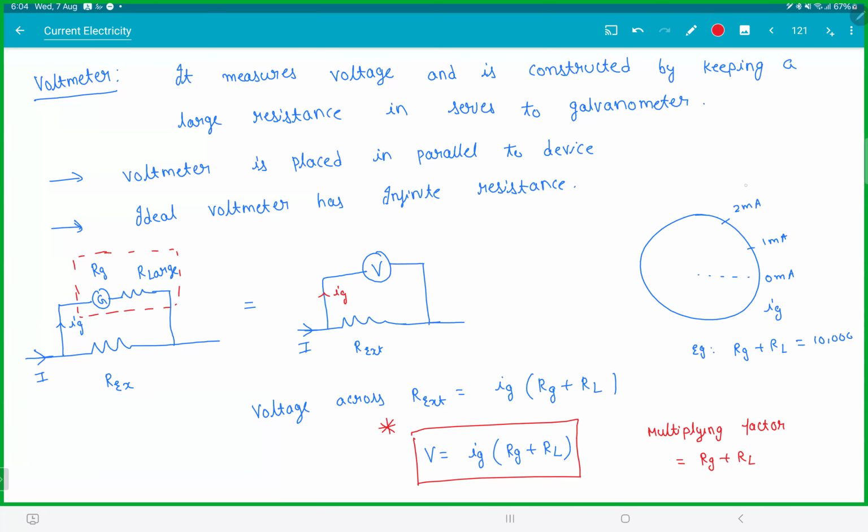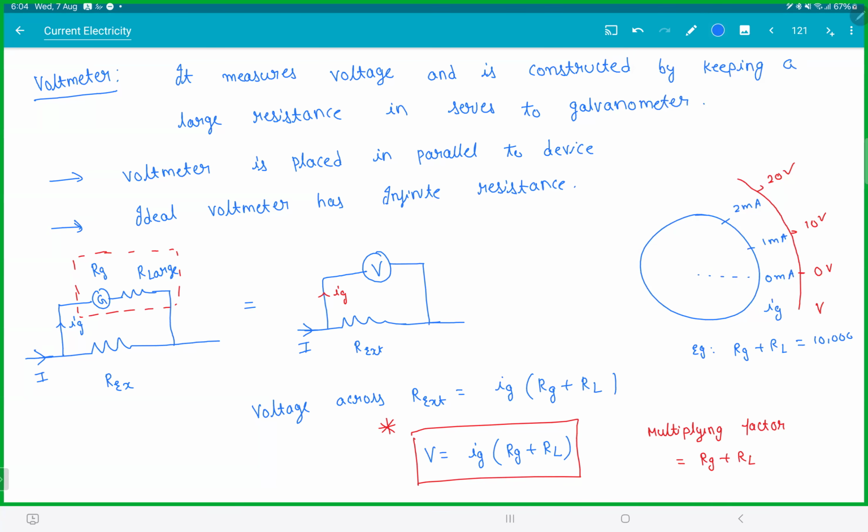Now this will start showing voltage. This will become 0 volt, this will become 10 volt, this will become 20 volt. Are you getting it? When the voltage across the device is 20 volts, the value of Ig will be 2 milliampere. So this thing is measuring milliampere current, but it is showing you voltage. So you can manipulate this to show voltage also.